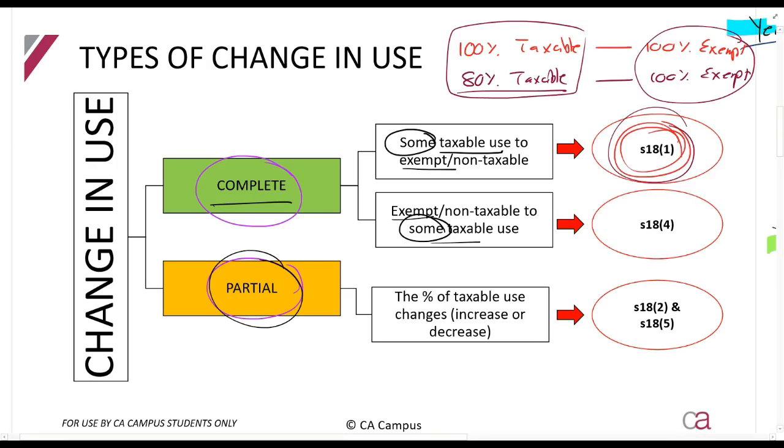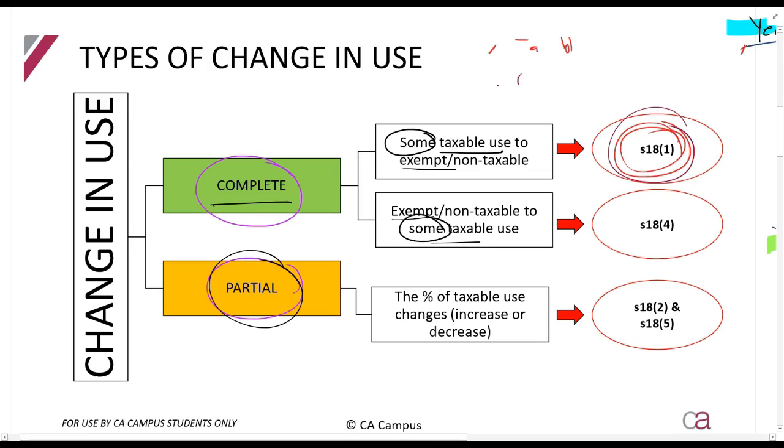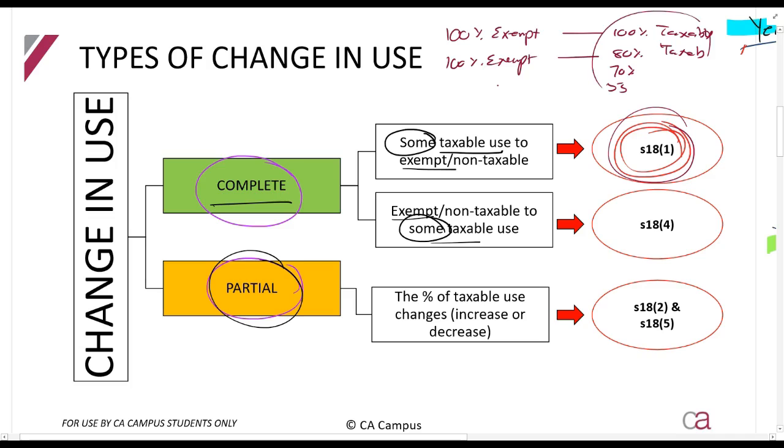Then section 18.1 will apply. Section 18.4 will apply if it goes from 100% exempt to 100% taxable, or 100% exempt to 80% taxable, or 70, or 55, or any percentage taxable.